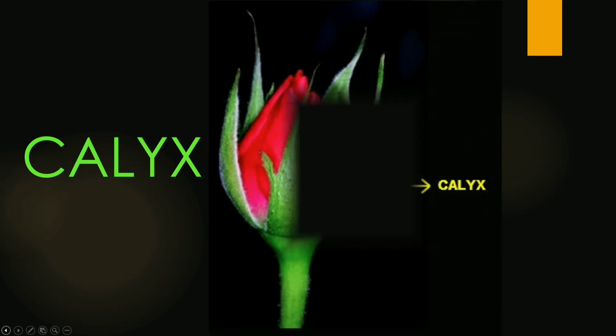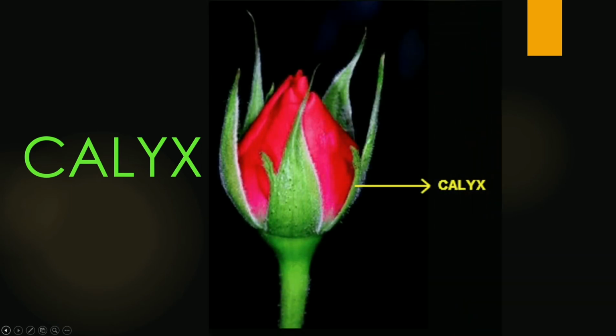The petals in bud condition are covered by the calyx. The green portion which is covering the main colored part of the flower is known as calyx, and each part of the calyx is known as a sepal.